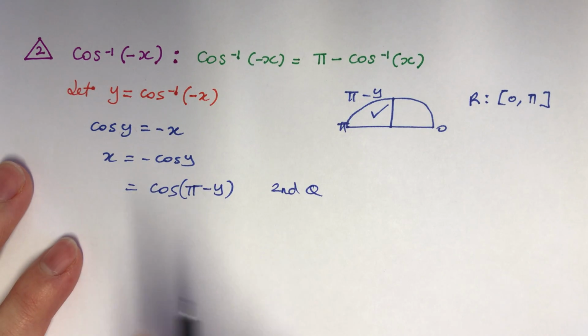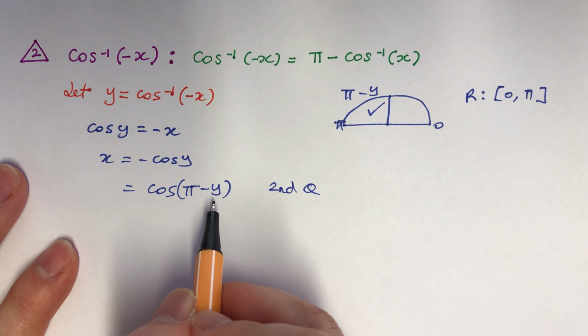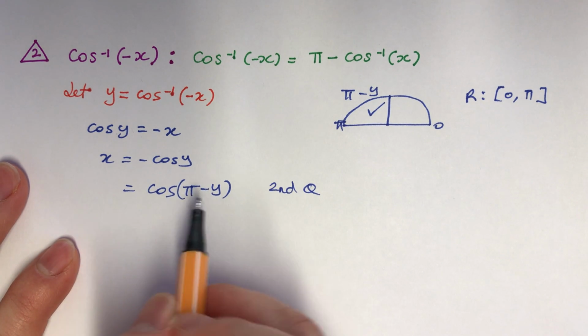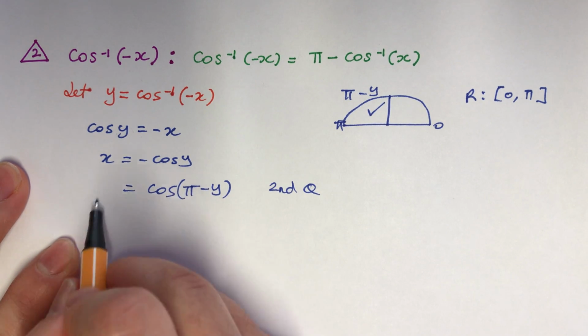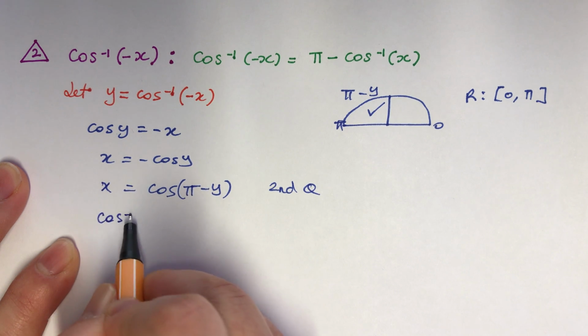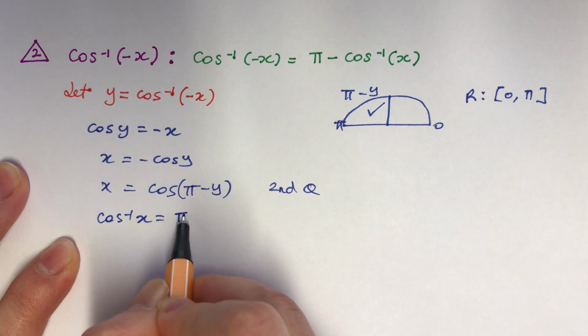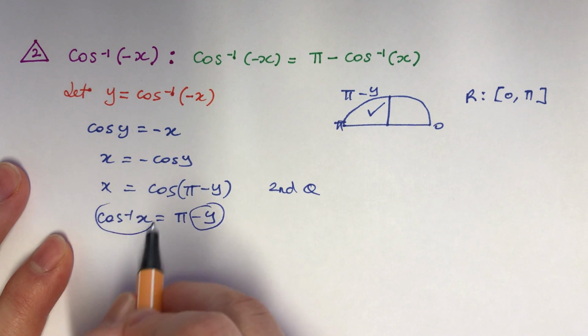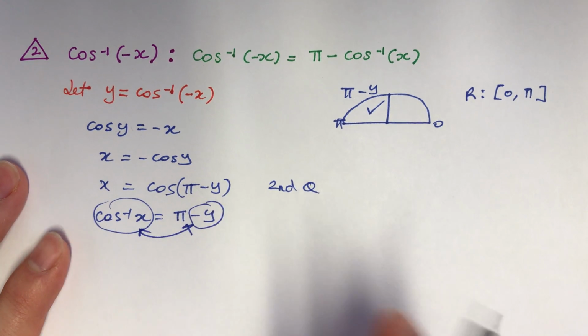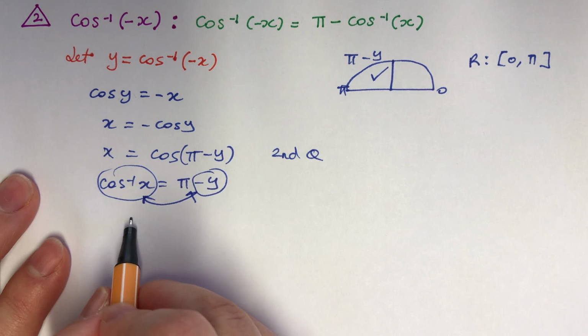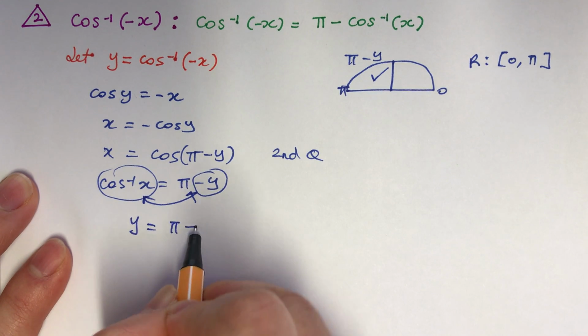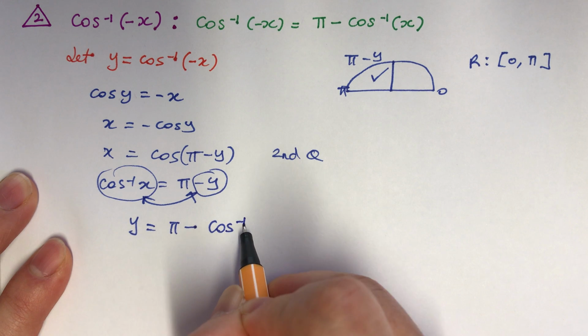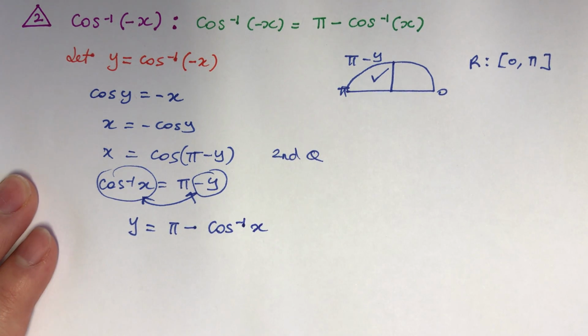Yeah, so I'm going to make y the subject. So I'm going to move this one to this side. So it'd be inverse cos x equals pi minus y. Okay, and then I'm going to swap this because I want it to be y equals, don't I? So it'd be y equals pi minus inverse cos x.